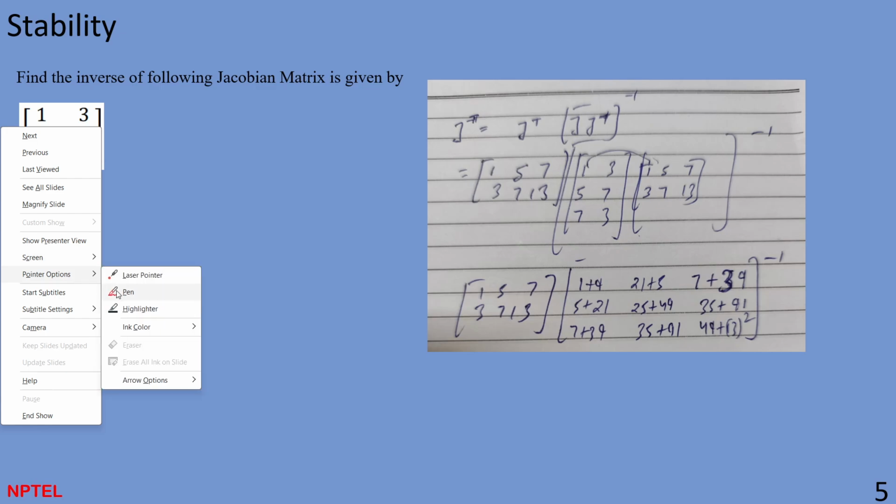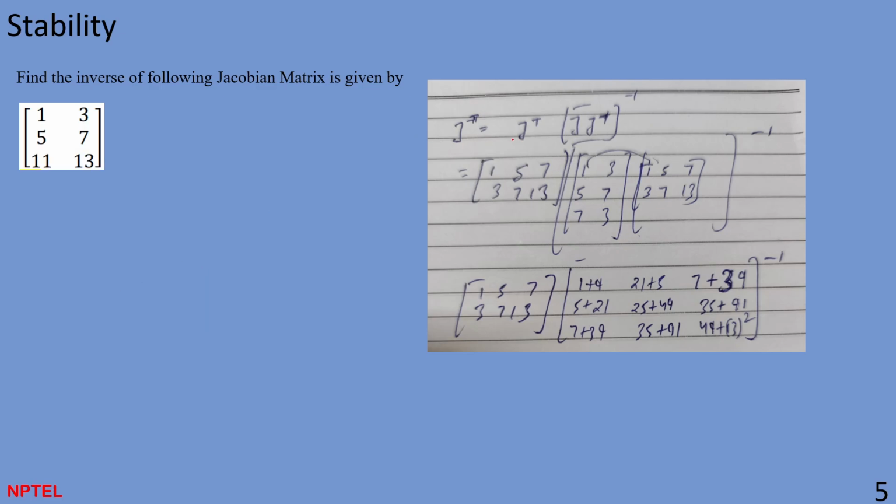They can easily ask this problem. You need to transpose J, which I have done here, and then take the inverse of J into J transpose. I multiplied J into J transpose, and from there I get a square matrix, and the square matrix we can invert by calculating the determinant. This is a lengthy problem.